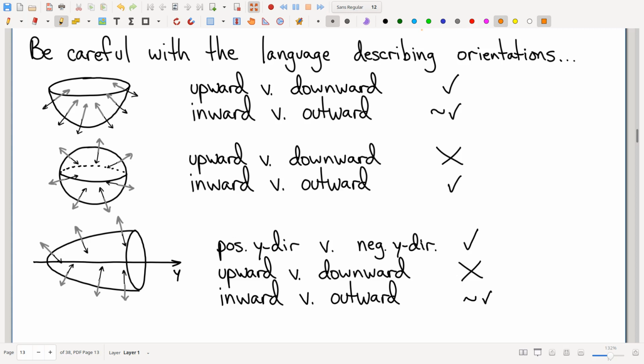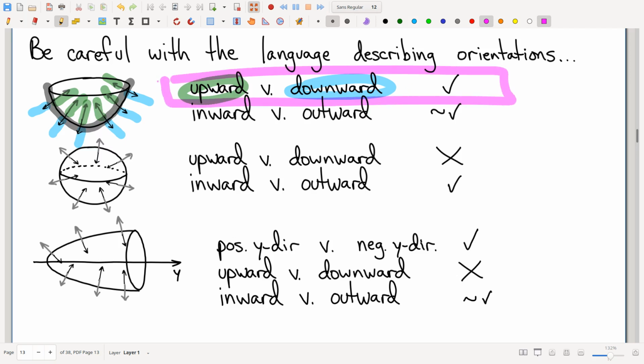If you're looking at this paraboloid right there, for example, there are two orientations, one of which I have highlighted in green there. The other orientation option is what I have highlighted in blue. And how are you going to distinguish the green from the blue? I think describing them as upward versus downward is a great option.